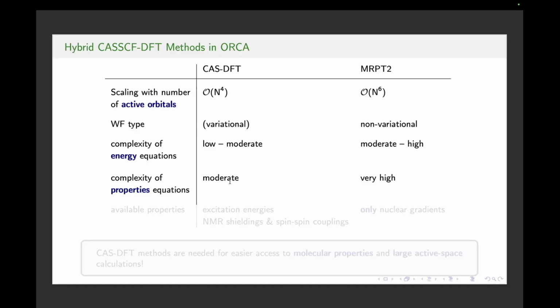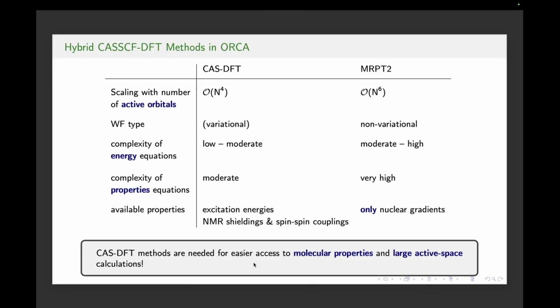If we now look at the complexity of equations for property calculations, we can say that it's rather moderate for CAS-DFT methods. However, it can be very high for MRPT2, which is underlined here by the list of available properties that has been recently proposed, like excitation energies, NMR shieldings, and spin-spin couplings for CAS-DFT methods. For MRPT2, we basically only have nuclear gradients available.